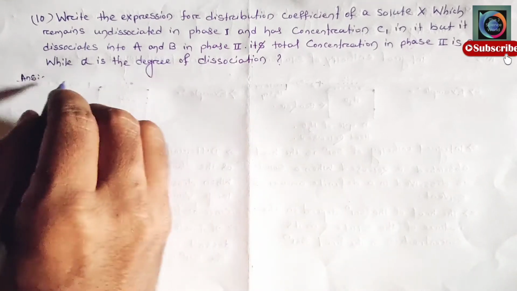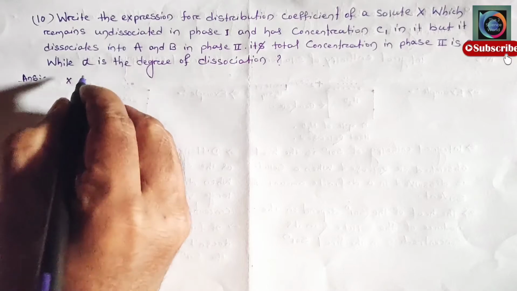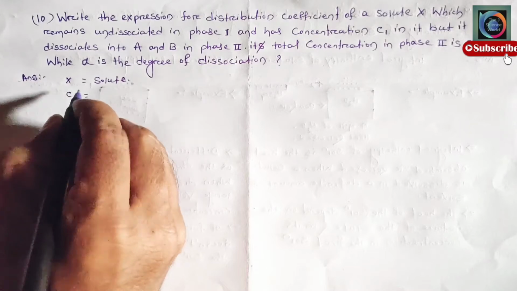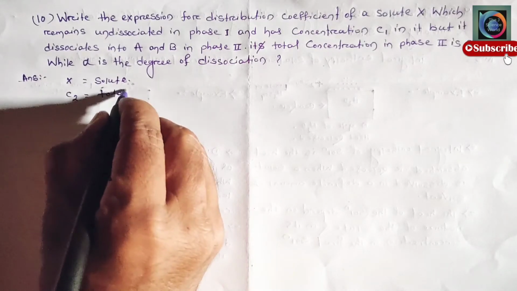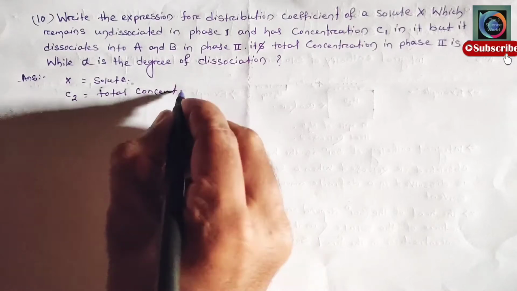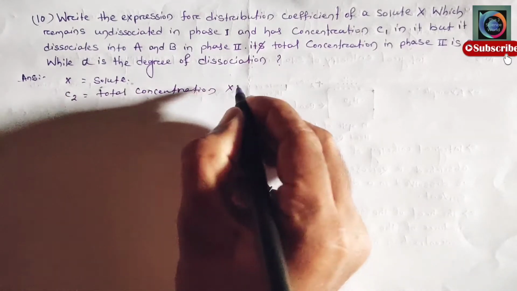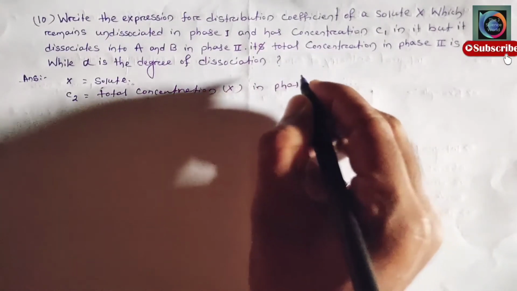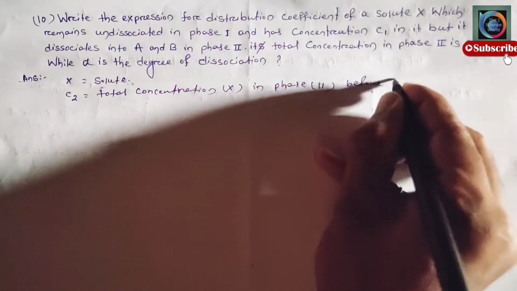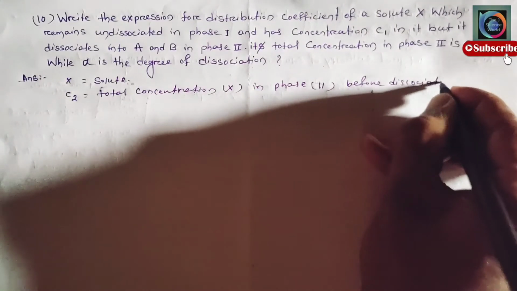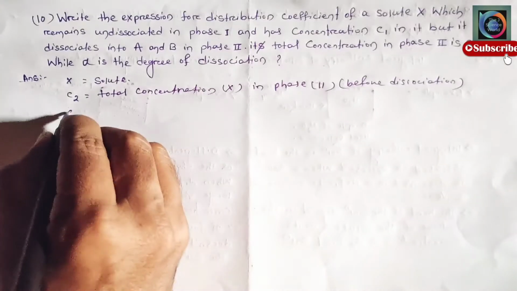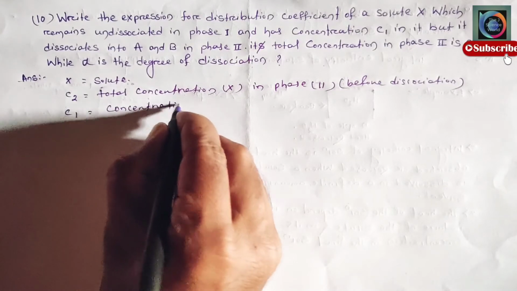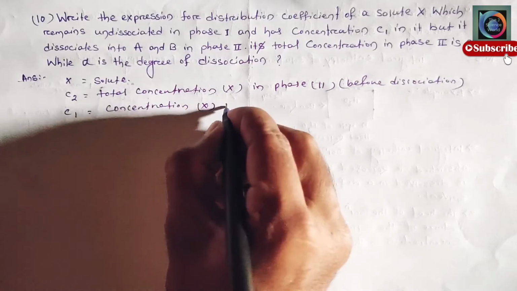Well, according to this question, X, that is our solute, and C2 is the total concentration of X, the concentration of X in phase 2 before dissociation, and C1 is the concentration of X in phase 1.